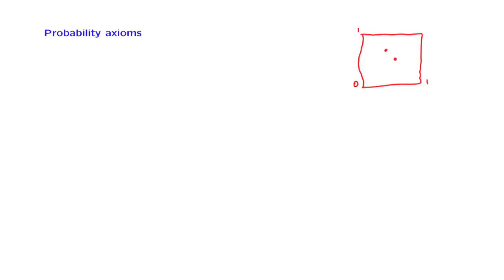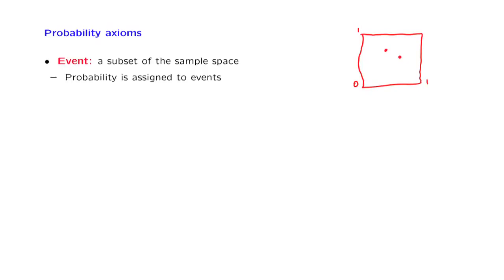Hitting the center exactly with infinite precision should be 0. And so it's natural that in such a continuous model, any individual point should have a 0 probability. For this reason, instead of assigning probabilities to individual points, we will instead assign probabilities to whole sets, that is, to subsets of the sample space.